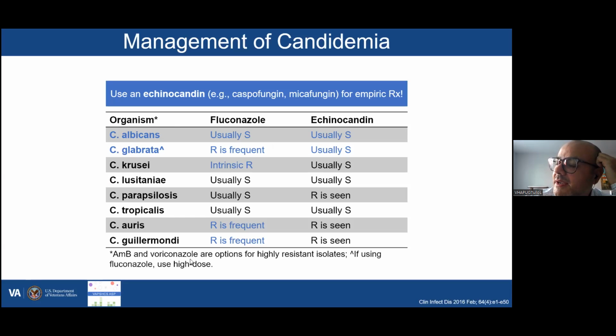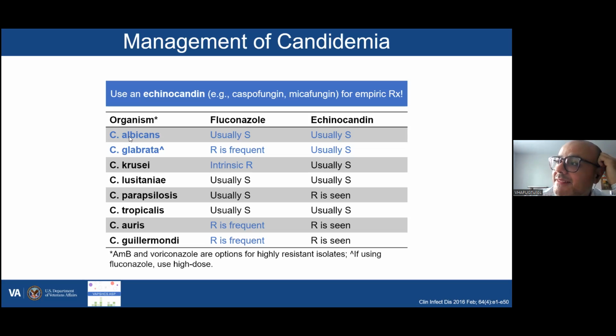So this slide, I think it's helpful. The main point again is that as soon as you have a patient with a positive blood culture with Candida or yeast, you start that echinocandin, caspofungin or micafungin. Once you know the organism, you can start de-escalating a little bit.